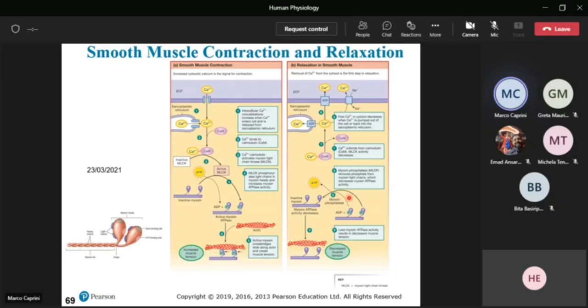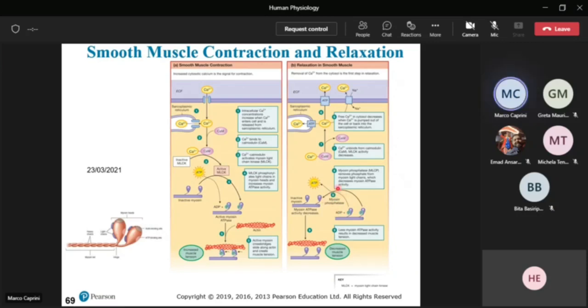So the dephosphorylated myosin obviously does not produce immediately, like in the skeletal muscle, a relaxation. It can be retained, attached to the actin for a period of time. This is called a latch state, okay, a block state in the smooth muscle cell.